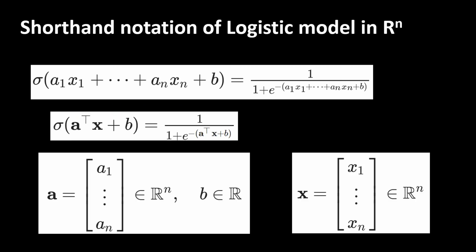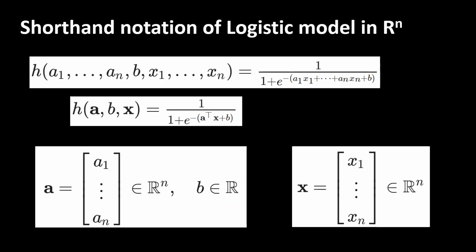Also, we can use a shorthand notation for a composition function of a sigmoid function and this linear term, where boldface A is a vector in Rn and B is a scalar in R, and boldface X is a vector in Rn. And the shorthand notation for the function representation is this function that takes a vector A and B to determine a hyperplane in Rn and takes a point in Rn and then assigns a probability to a point X that is in Rn.